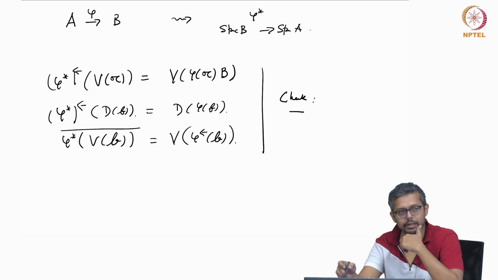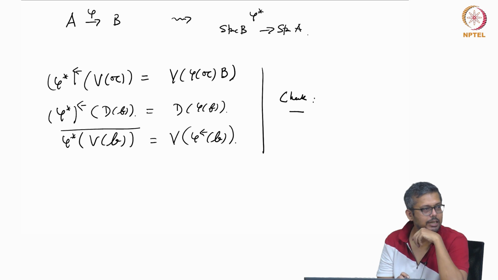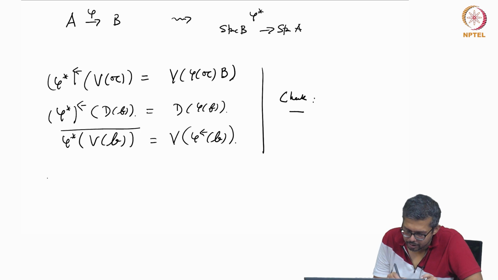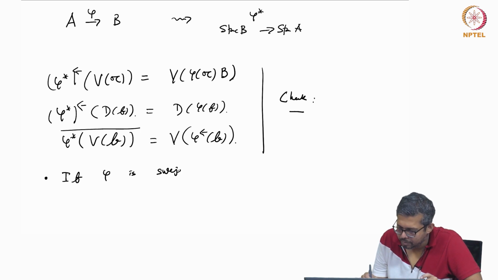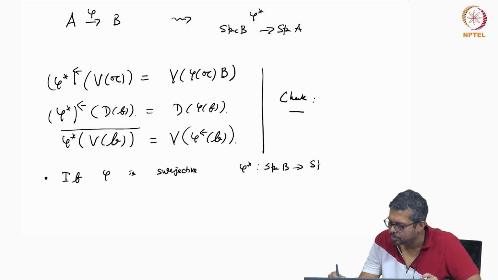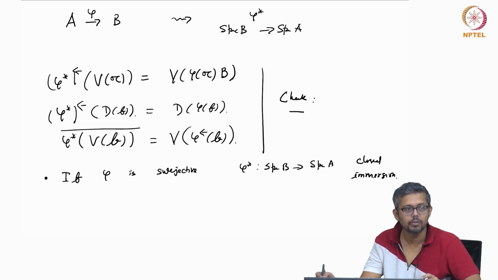So you cannot say in general that it is dominant, but if A to B is injective, then it is dominant. And if phi is surjective, then phi star is a closed immersion from Spec B to Spec A. That means it's injective and the image is closed.